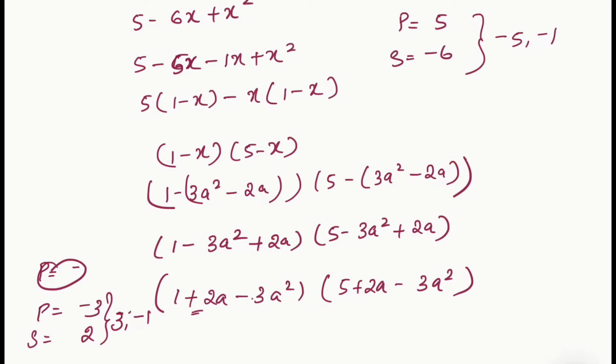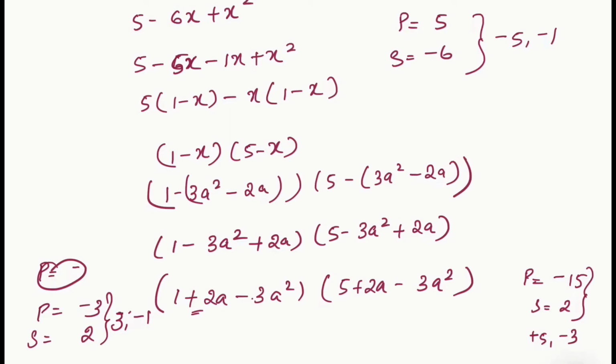Can I take plus 3 minus 1? Yes. Similarly, here I have product is equal to minus 15 and sum is equal to 2. What are the possibilities? Can I again take it as plus 5 and minus 3? Plus 5 into minus 3 will give me minus 15 and plus 5 minus 3 will give me plus 2.